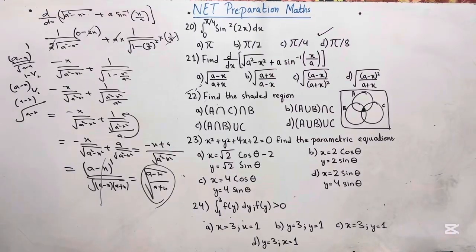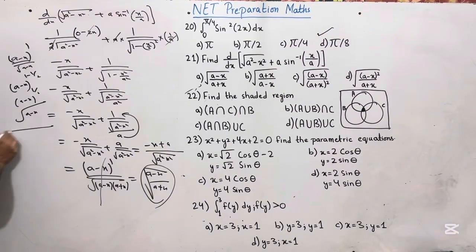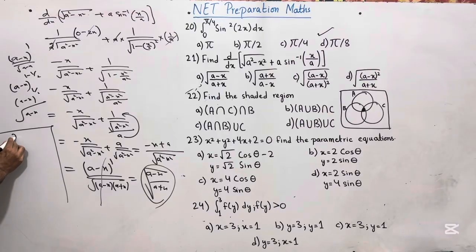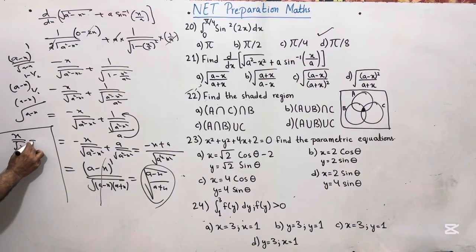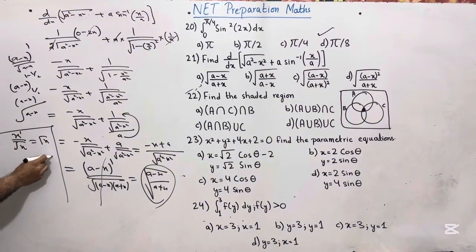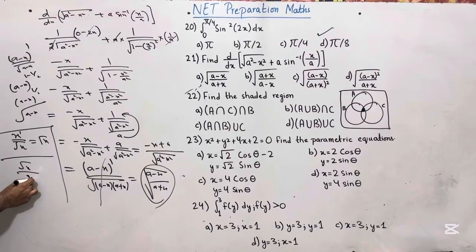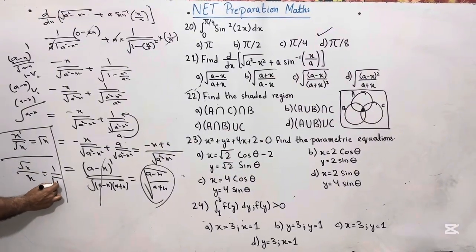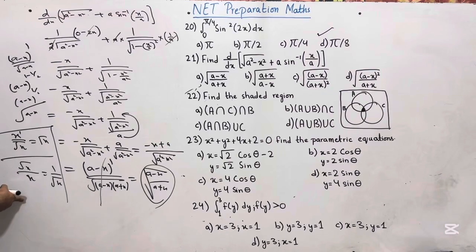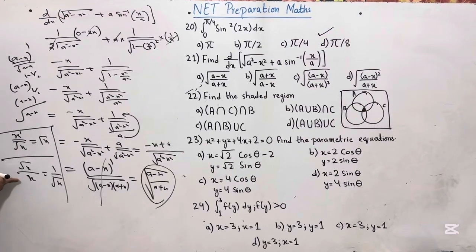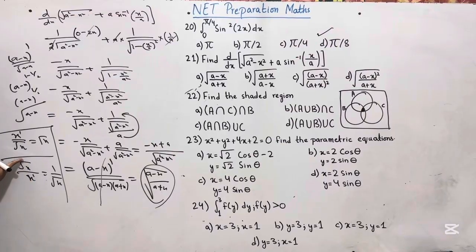Or if you still have confusion, let me make it simpler. X over under root x can be written as under root x by just subtracting 1 upon 2 from 1, or rationalize. Even the same, x over root x, it also results, it can be written as 1 over root x. Owing to the same concept, rationalizing or subtracting 1 upon 2 from 1.